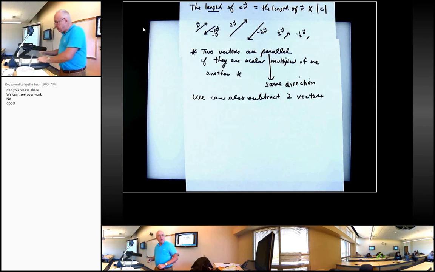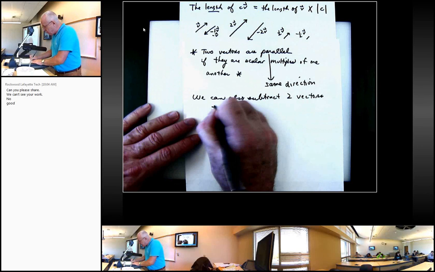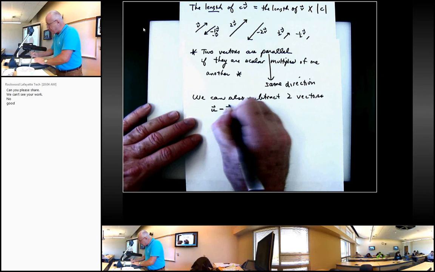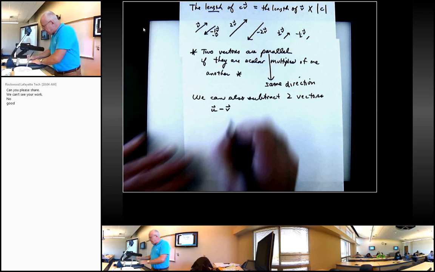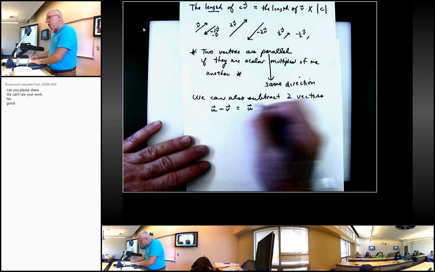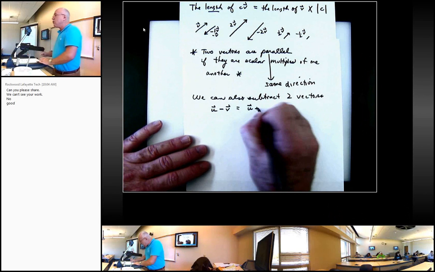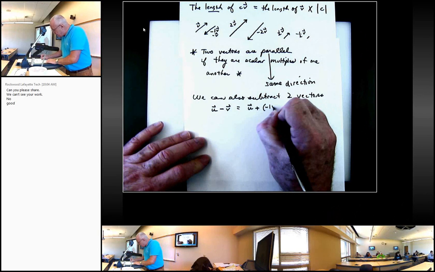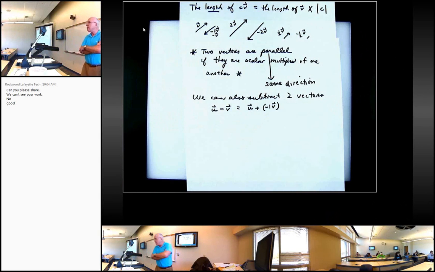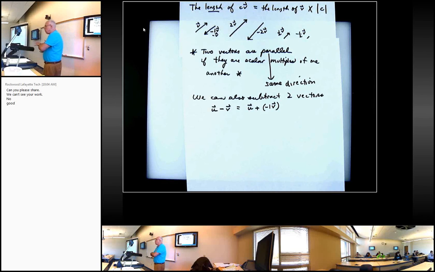So what does it mean here? Let's take a vector u and say we're subtracting from it the vector v. Well, what this really means is we're taking the vector u and adding to it the vector minus 1 times v. That's really what we're doing.